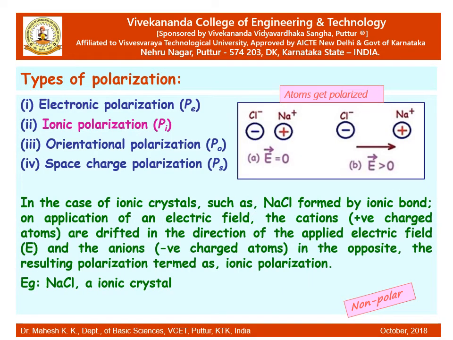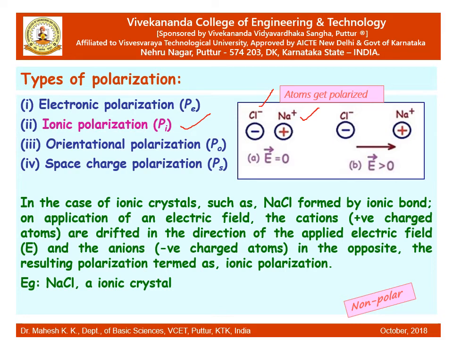In the case of ionic polarization, an example is sodium chloride, which I have drawn here. On application of an electric field, the positive ion, the cation Na plus, and Cl minus, the anion, are going to be drifted in opposite directions.